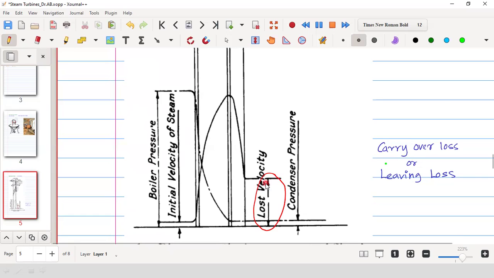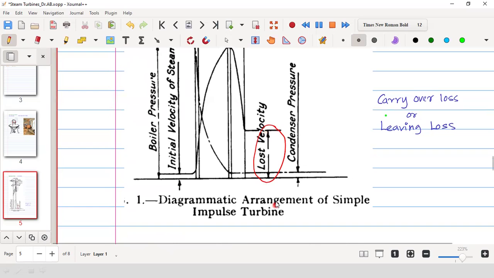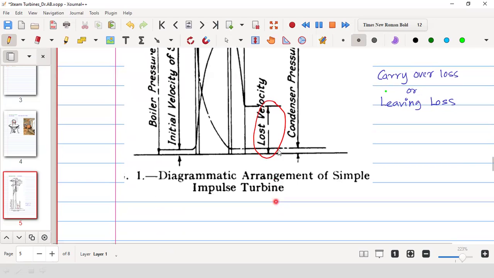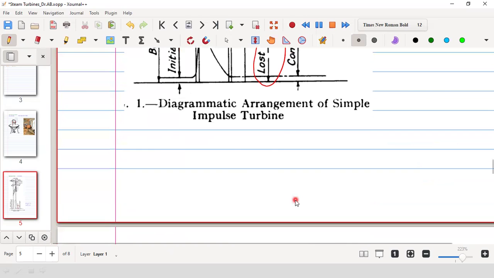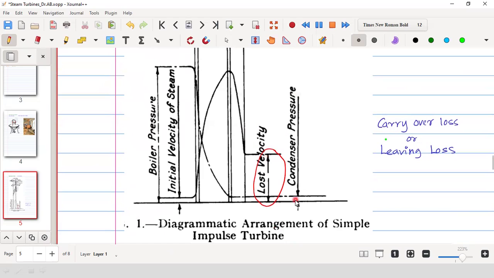So there is a problem with this D-level turbine. That means with the single stage, we cannot extract maximum possible energy. So what we do basically, we try to employ stages in the turbine.